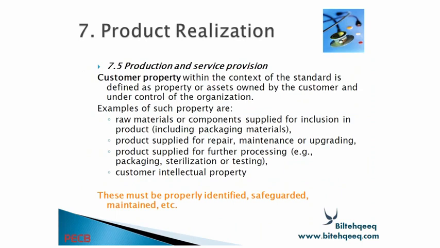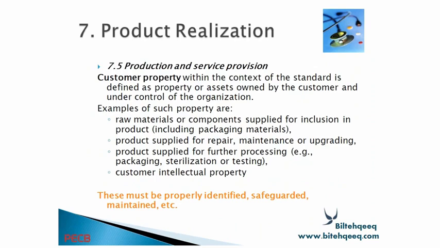The next is customer property. Customer property within the context of the standard is defined as property or asset owned by the customer and under the control of the organization. Anything given by the customer to any supplier or organization is called customer property.